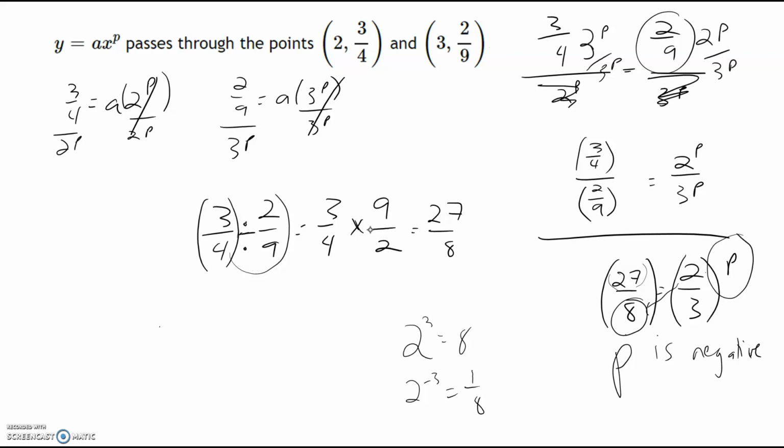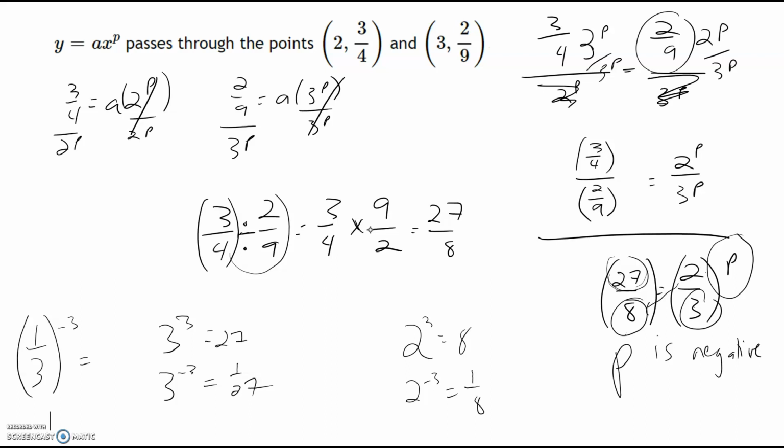And then over here, I would say, well, wait a minute, is this going to work? 3 to the third is 27. 3 to the negative third is 1/27, but this 3 is in the denominator. So if I separate it, does this make sense? 1/3 to the negative 3, does that equal a 27 up top?